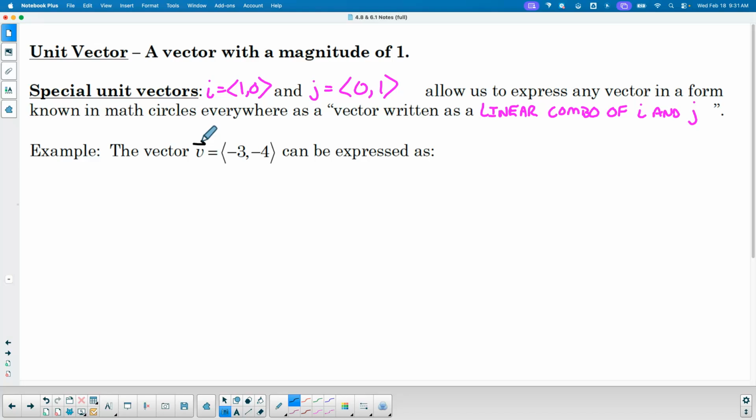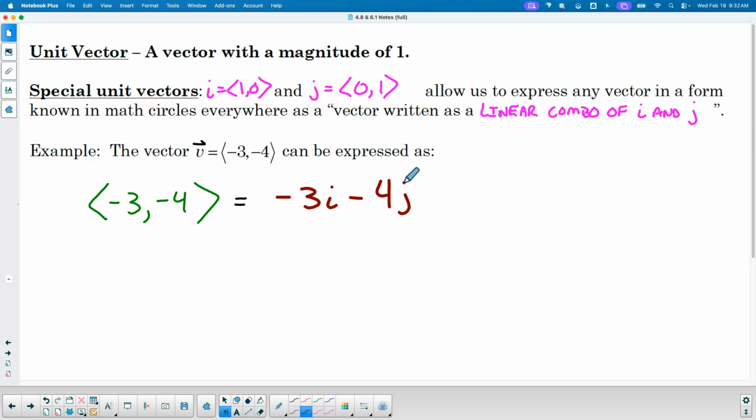I can say that vector v here, which has a component form of -3, -4, can also be written as -3i minus 4j. And here's why.